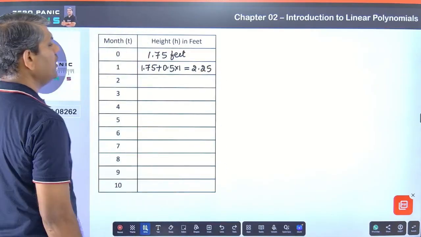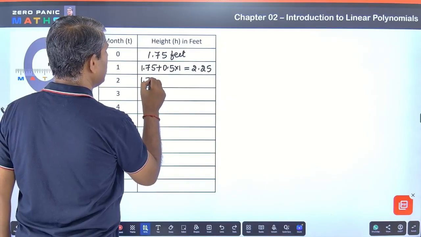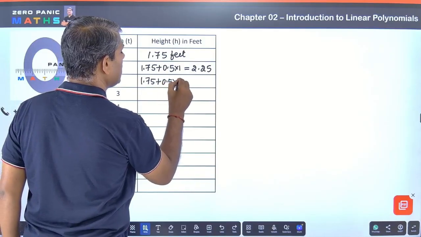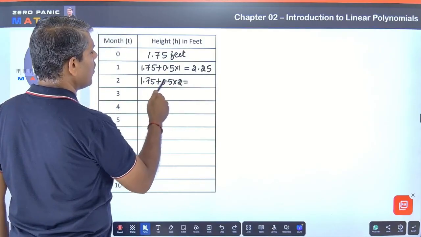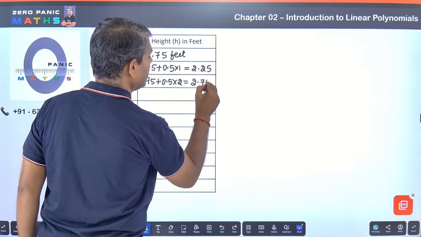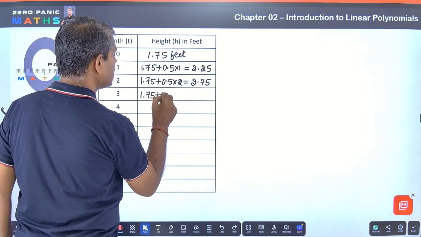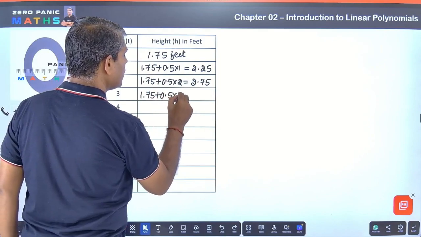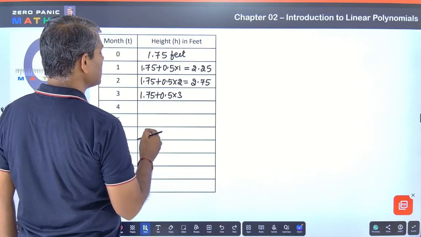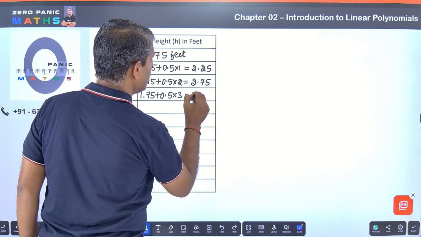Similarly, after 2 months, it will be 0.5 multiplied by 2, which is 1, so it is 2.75. Similarly, after 3 months, it will be 0.5 three times, which is 1.5, added to 1.75, that will be 3.25.